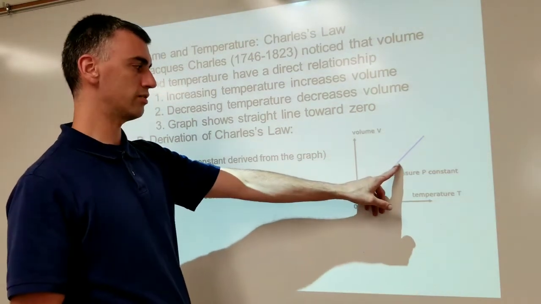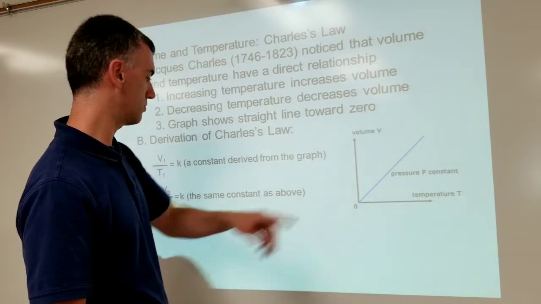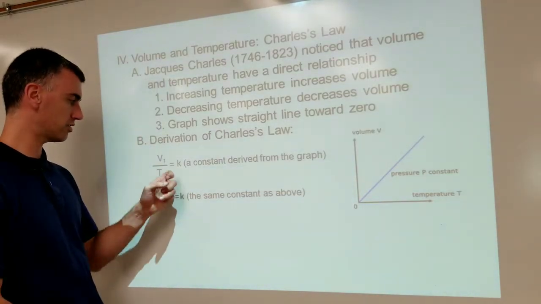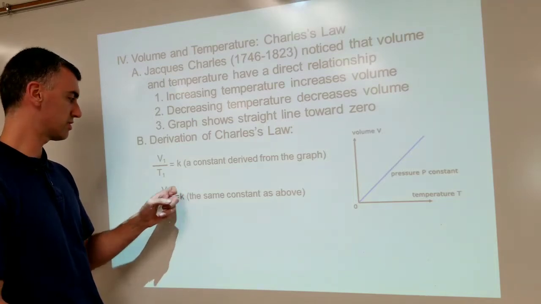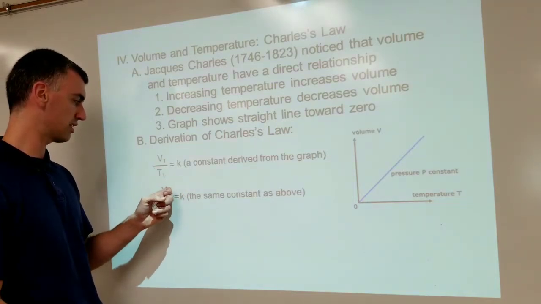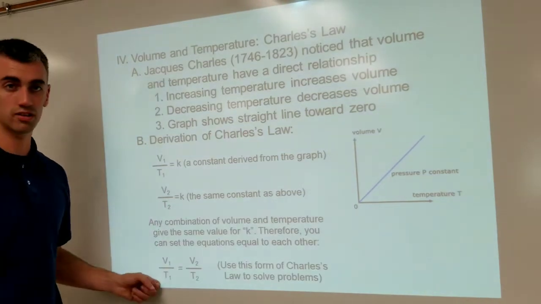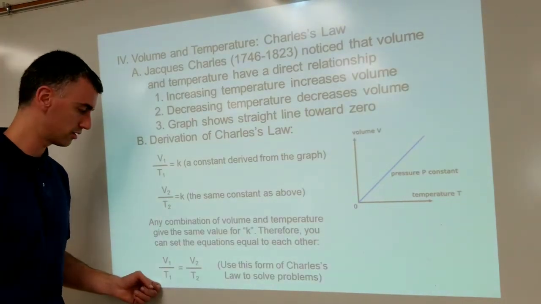Change the temperature, you get a different volume. Divide volume by temperature, you get a constant. These are equal to each other, which means this becomes the version of the equation that you solve with.